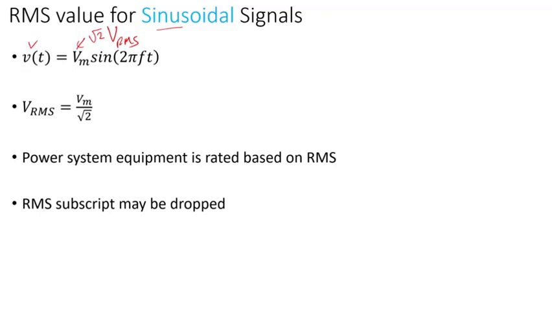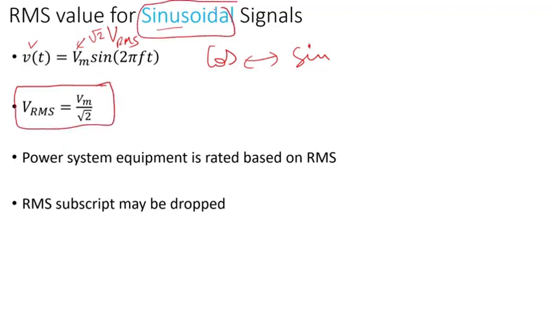We say sinusoidal because you can write this in terms of cosine, since you can transfer from one to the other, back and forth however you want. Then the RMS value is just the peak value divided by root 2. But again, you only apply that if you have a sinusoidal signal.